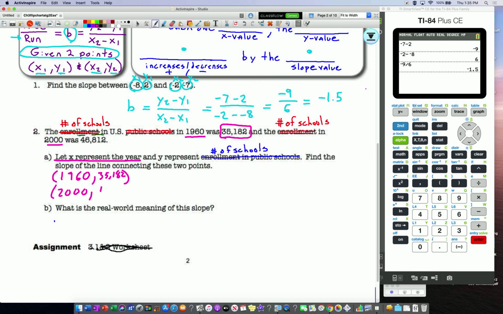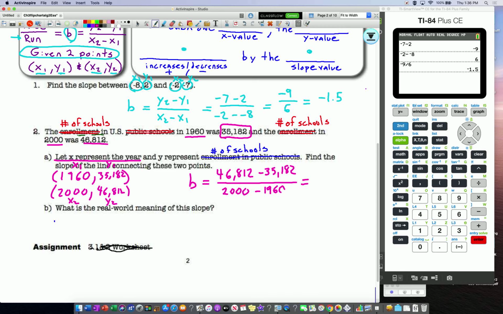In 2000, we had 46,812 schools. So I'm grabbing the points from the information they give us. Now I want to find slope. Here's x1, y1, here's x2, y2. On the top I have 46,812 minus 35,182, divided by 2000 minus 1960.